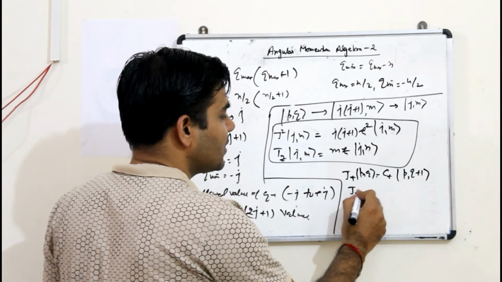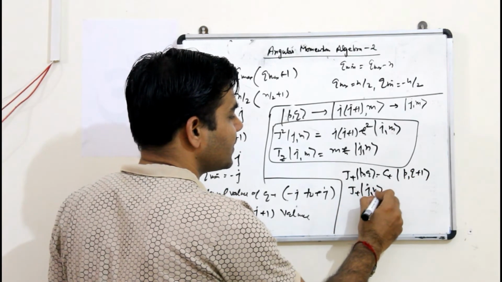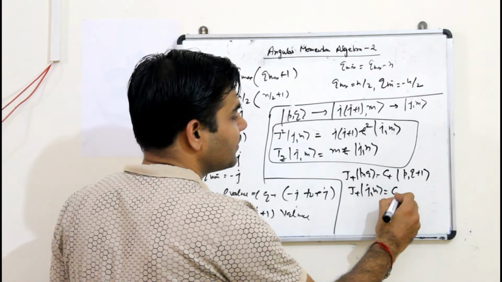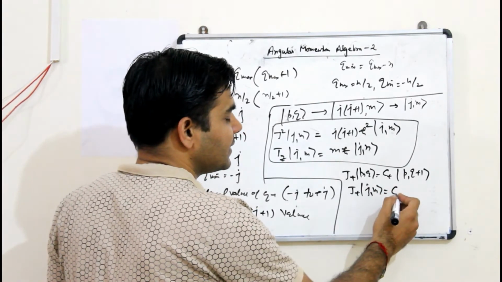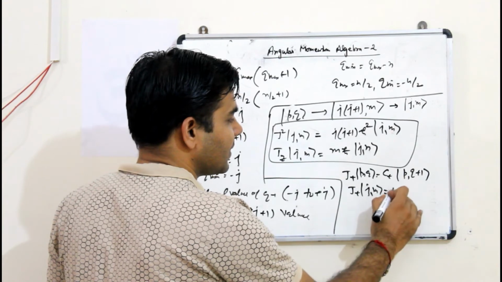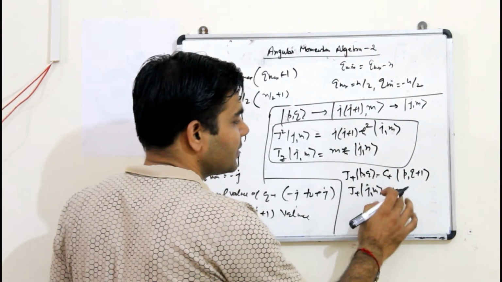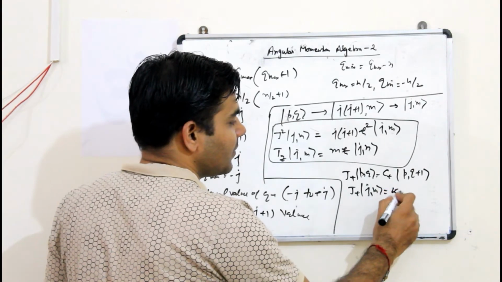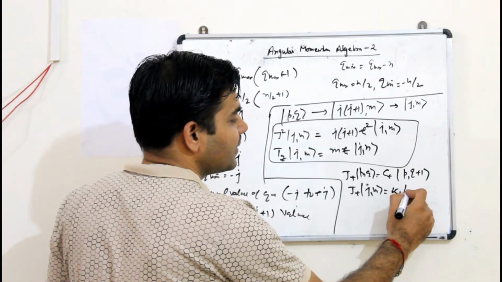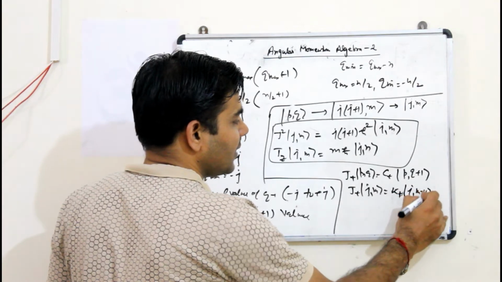In the new notation, we would like to know the action of j plus on jm. Let me replace c plus by k plus, although it does not matter, since it's just a constant, times jm plus 1 in the new notation.